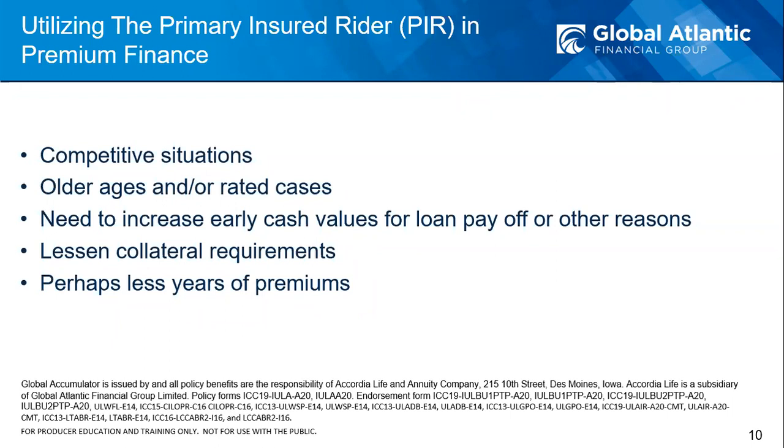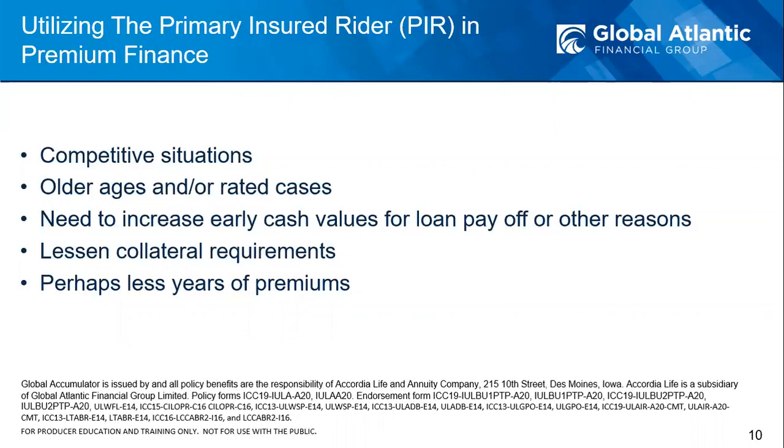One of the reasons that you may need to, or it might behoove you to, use the PIR rider in premium finance is to increase the early cash values to pay off the policy loan. So typically in a premium finance case, in a younger age, you're going to try to build up enough cash within the policy to repay the lender anywhere between year 11 to year 17, typically, sometimes year 20, depending on age and how you have it designed.